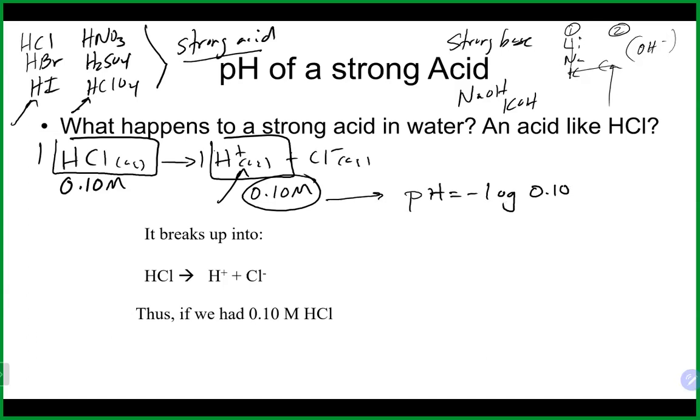That will give us minus the log of 0.1, which gives a pH of 1.00, which is acidic, as we would expect. So if you have the pH of a strong acid given to you, you can simply find the H plus concentration, which in most cases will be the same as the concentration of the whole acid, and you could go into the pH equation at that point. Any questions on that?